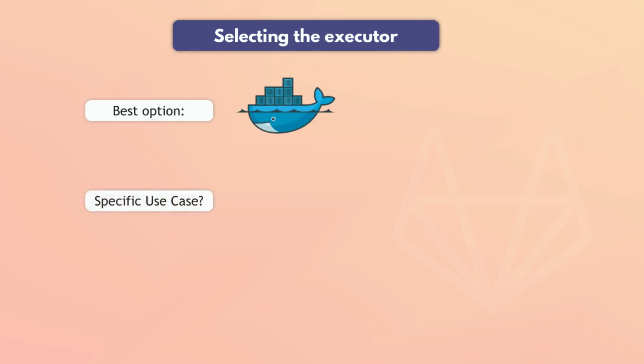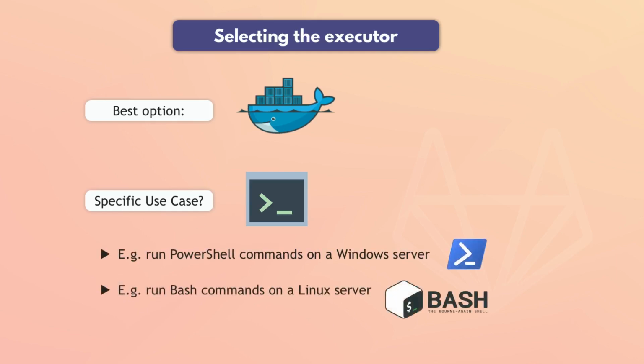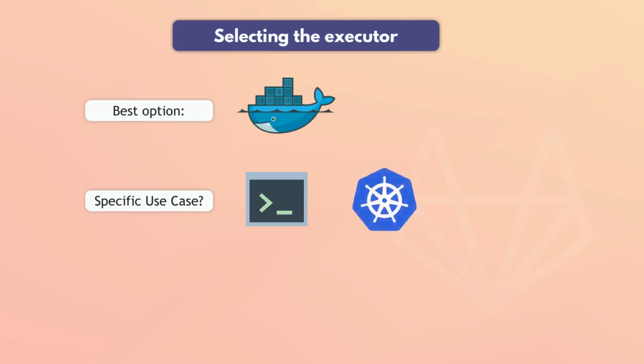For example, if you need an operating system specific environment, then you can use the shell executor and execute jobs on Windows and Linux on the operating system level. You might also have a case where you want to have everything in Kubernetes because you are managing the whole infrastructure using the Kubernetes cluster, and you want to take advantage of that and also execute your pipeline jobs within the Kubernetes cluster.